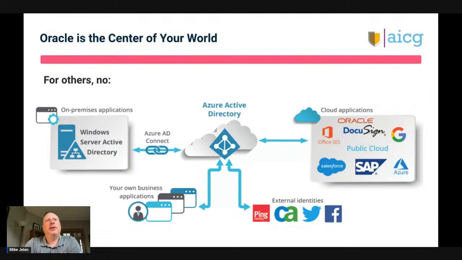But then for other folks, perhaps Oracle is just a key component in your application ecosystem, your enterprise architecture. And yes, it plays a very, very important role. However, it's not the only application. It's not the core application.